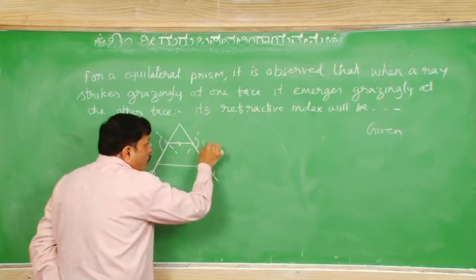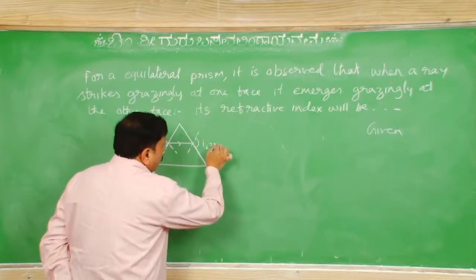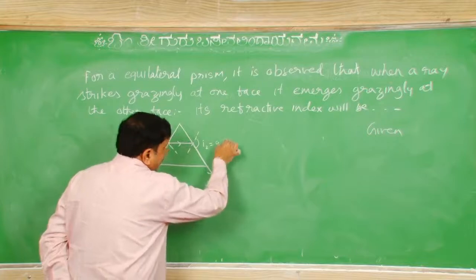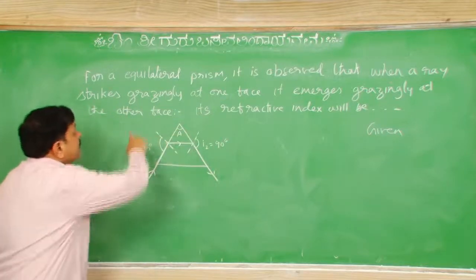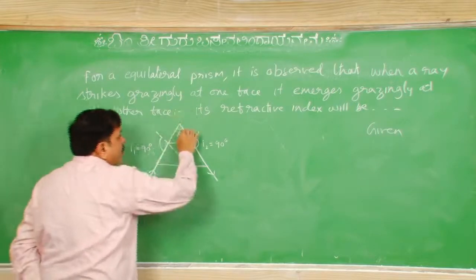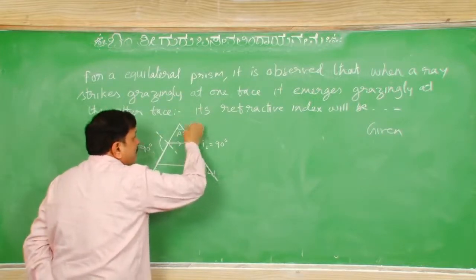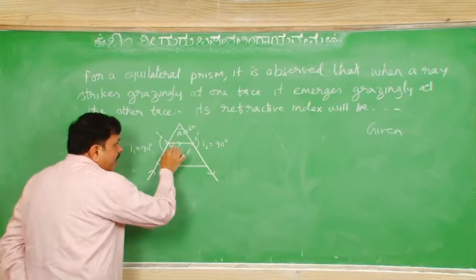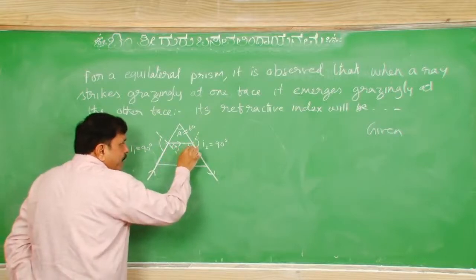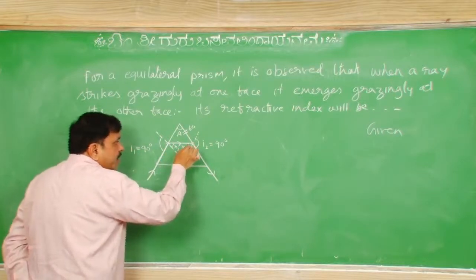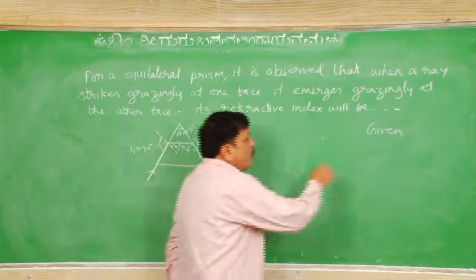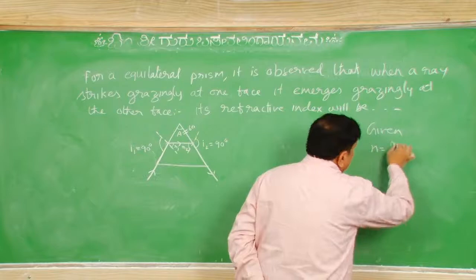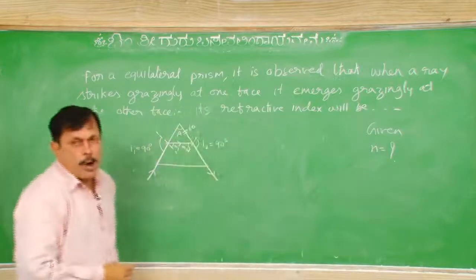Now I2 will be how much? I2 will be equal to again 90 degree. Here this angle say is A. It is mentioned it is an equilateral prism, so it will be 60 degree. If we take angle of refraction as R1 and the second one as R2, we are asked to find the refractive index, n equal to how much.